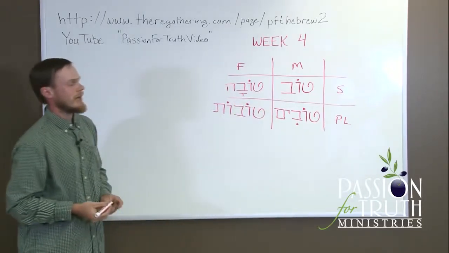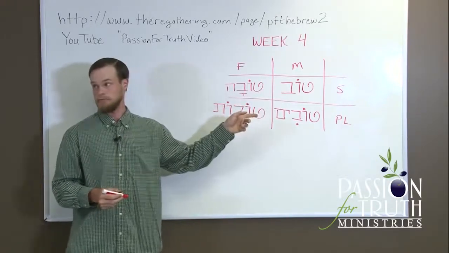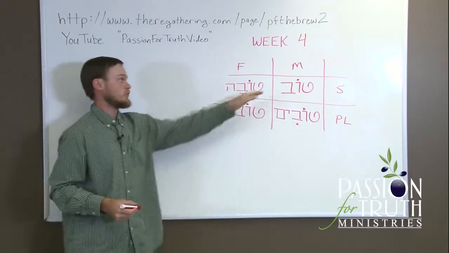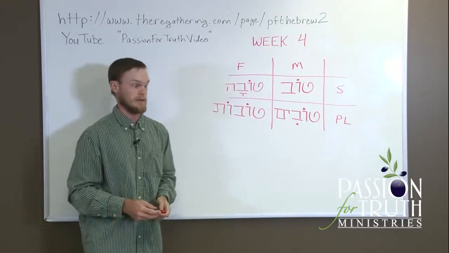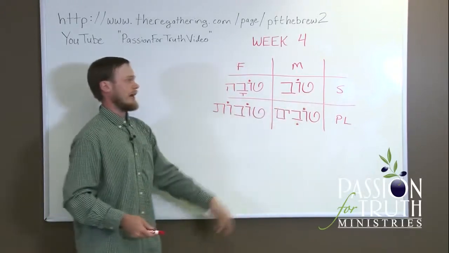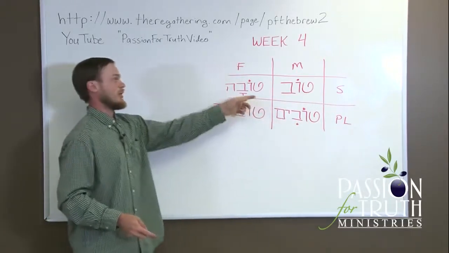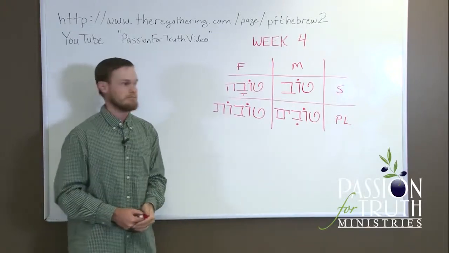So every Hebrew adjective has these 4 forms inherent in it. And it just switches between these forms to accommodate whatever word you happen to be modifying. So ish tov, anashim tovim, isha tova, nashim tovot.